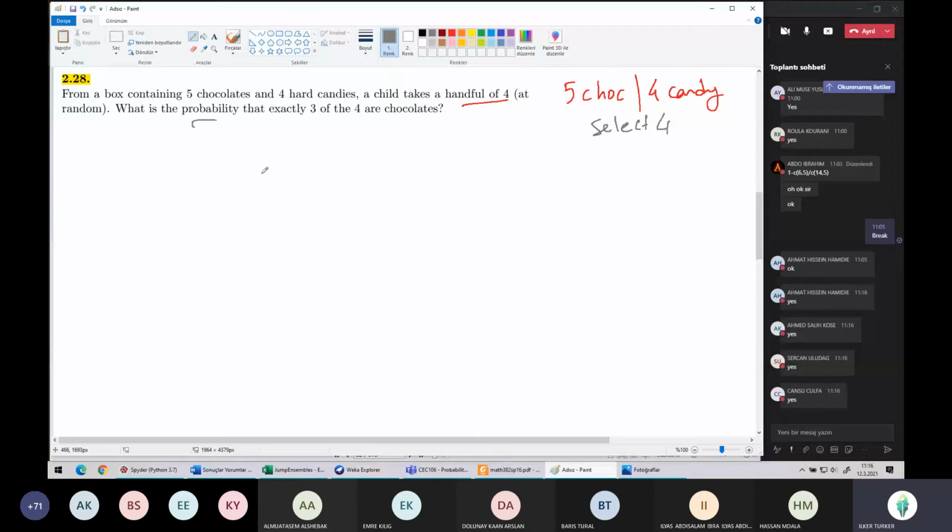This is a probability question. Exactly 3 of the 4 are chocolates. 3 chocolates from 5, 1 from 4 candies, over 4 from 9. As you guessed, this is a simple question.